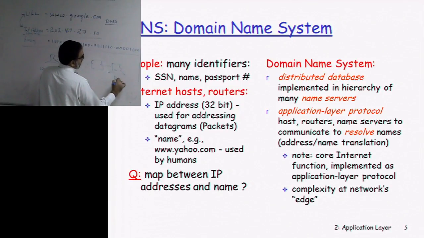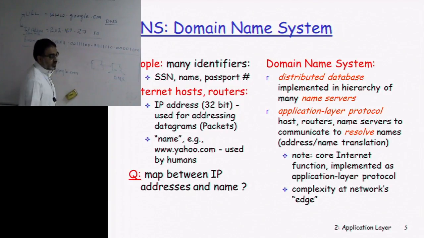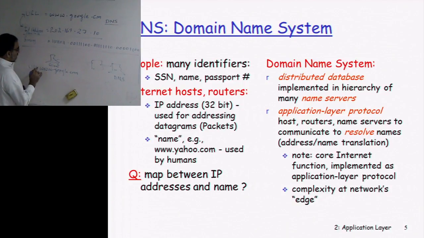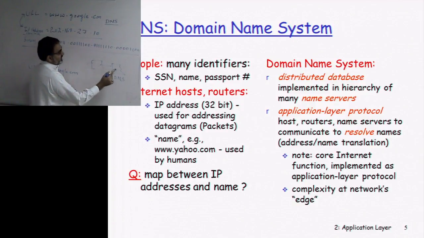The DNS service is used for host name to IP address translation. Now a host cannot have only one name. It can have multiple names. For example, Google will have www.google.com.